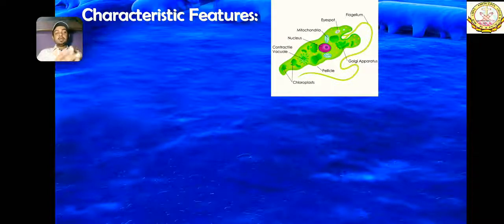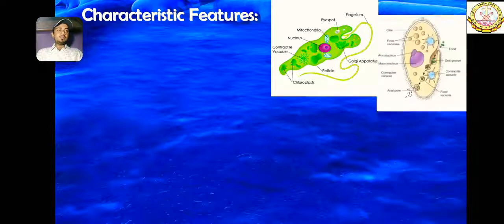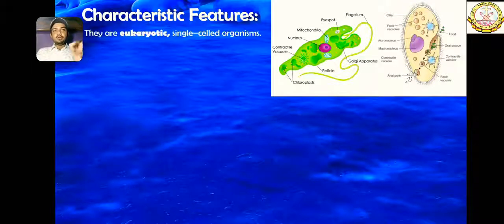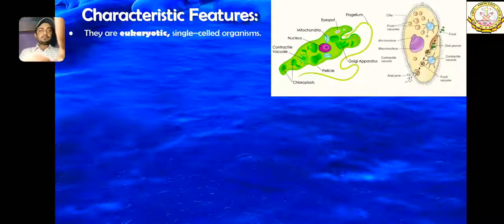I'm sorry, this one is paramecium. It is called Euglena and paramecium. These are two types of unicellular organisms which come under this kingdom. Let's see a few characteristics.